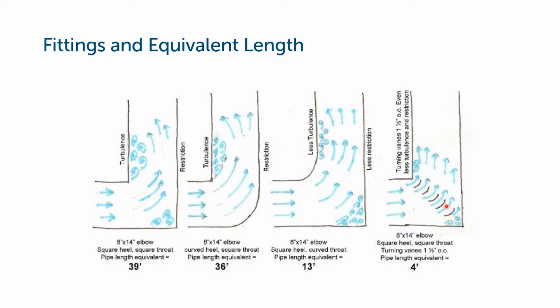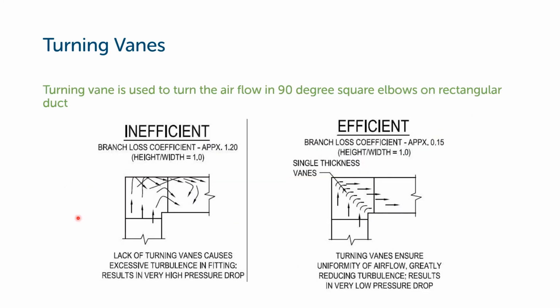So the rest of the airflow is not caught up in all of these other turbulence and is free to flow through. So that's why we get so much less equivalent length if we're using turning vane. Again, the turning vane is a great way to reduce the equivalent length on square elbows of rectangular duct. Here again, another view, all the turbulence, and here we are at the turning vanes.